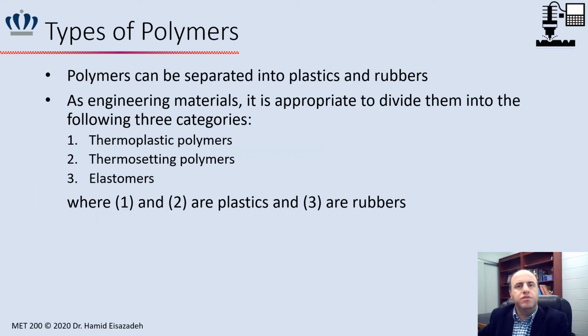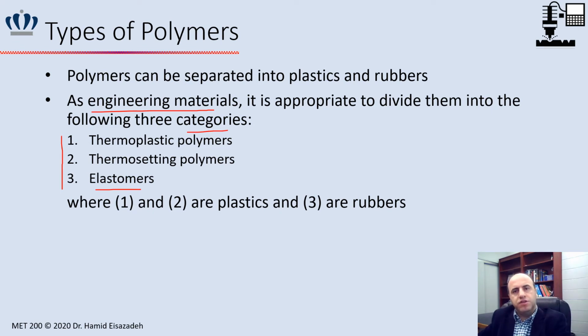Polymers can generally be separated into two parts, plastics and rubbers. But from an engineering point of view, we have three categories: thermoplastic polymers, thermosetting polymers, and elastomers. Some examples for these three categories: one of the well-known thermoplastic materials is polyethylene.